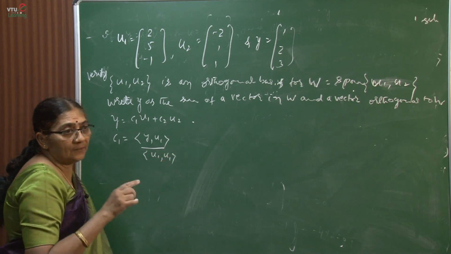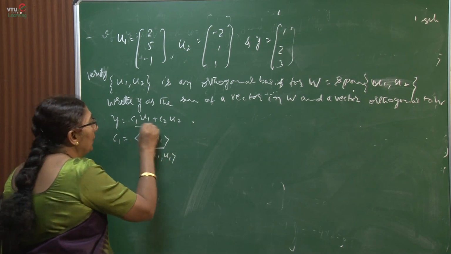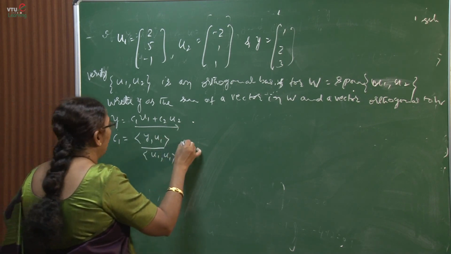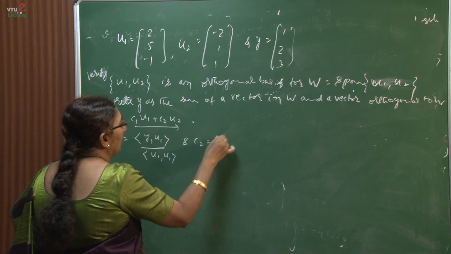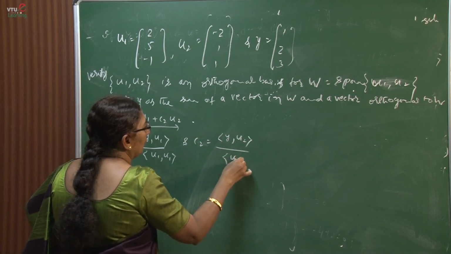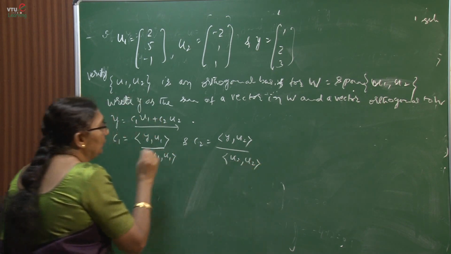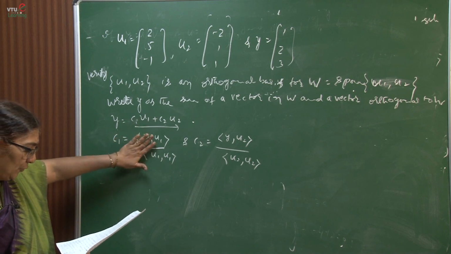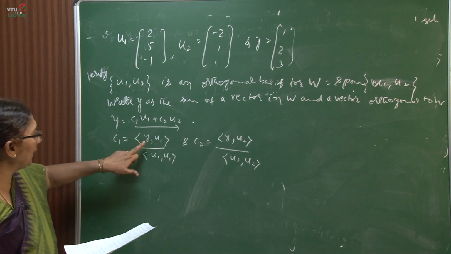I told already this is a formula we are taking to express linear combination of vectors of orthogonal basis vectors. And also what is C2? Inner product of Y comma U2 divided by inner product of U2 comma U2. You find out using these two and substitute. This is a way I have to do it. I am not going to do it on the board. You please find out these two values.